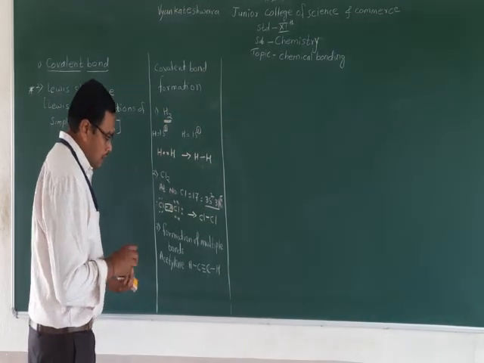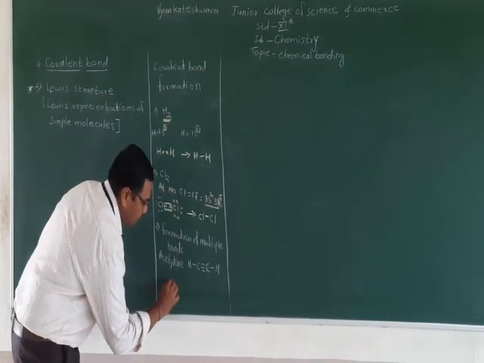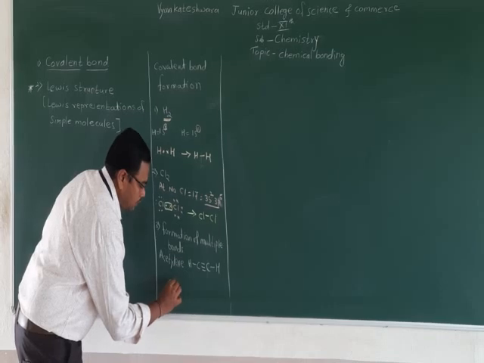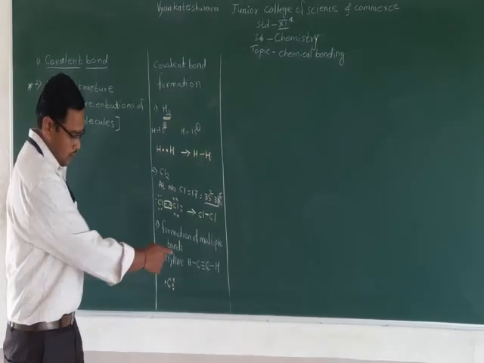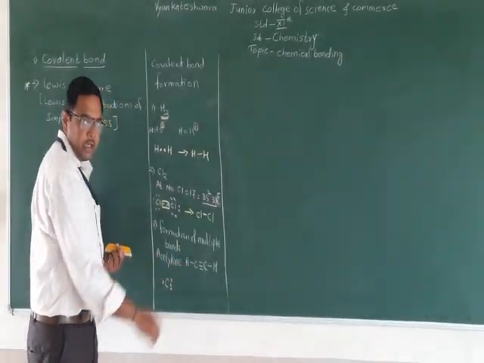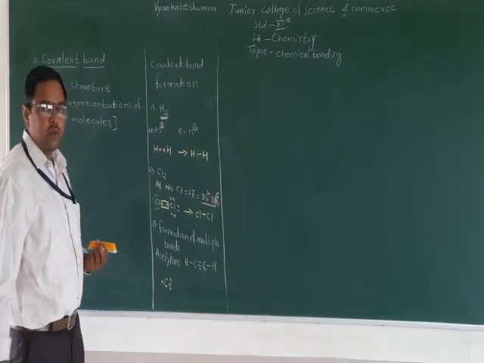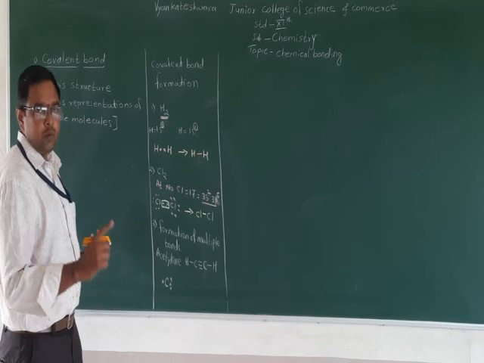In this case, carbon has a total of 4 electrons in its valence shell, because the atomic number of carbon is 6 and its electron configuration is 1s2, 2s2, 2p2.